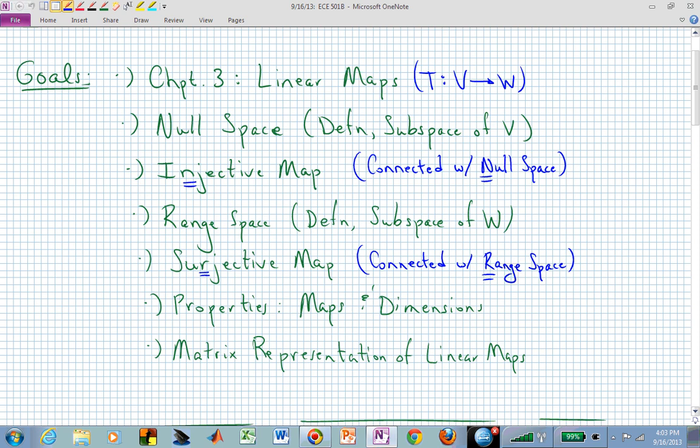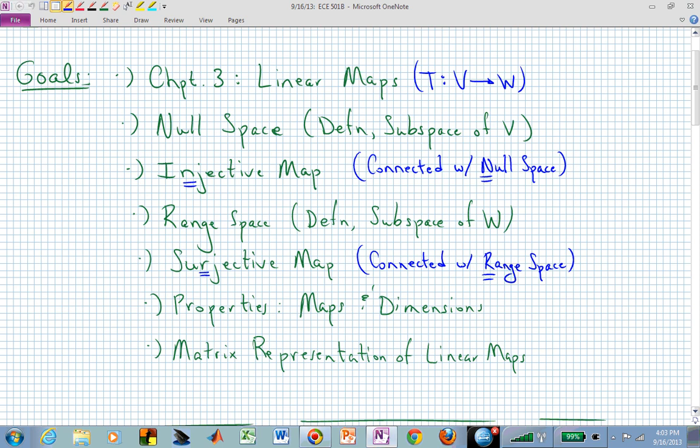Null is N. We'll become a little more comfortable with the range space, and these maps called surjective maps are connected with the range space. We'll look at the properties of these injective and surjective maps and what that means relative to the dimensions of the domain and the codomain.